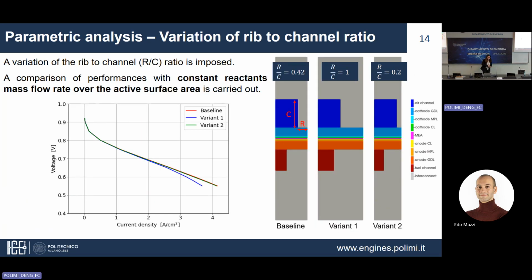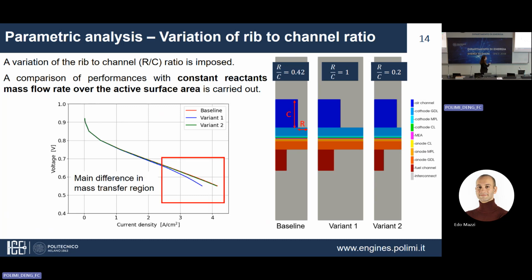Once the methodology has been validated, we used it to carry out a parametric analysis. Starting from the baseline configuration, we decided to change the rib to channel ratio, where the rib is the length of the bipolar plate in contact with the porous media, and the channel is the channel width. We tested two different configurations, one with a longer rib and one with a shorter rib.